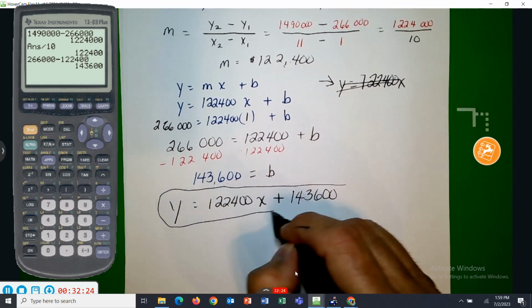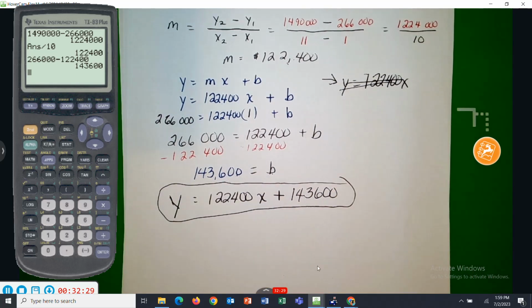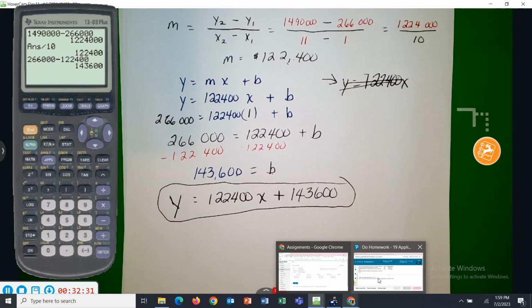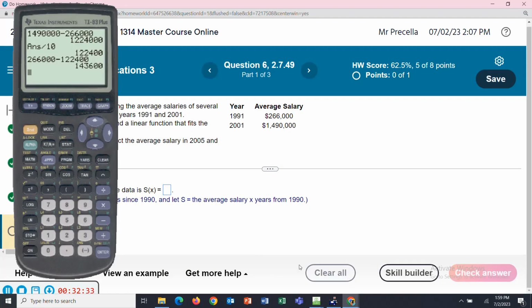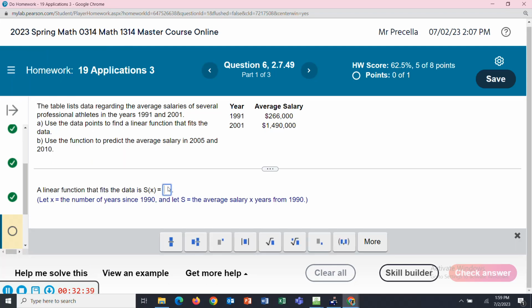So there's our equation. Come over here and we're just typing in the part on the right-hand side. Let me get rid of that calculator. So typing in 122,400x plus 143,600.